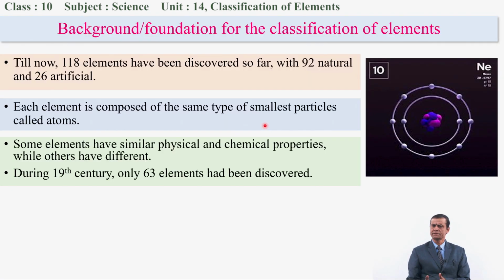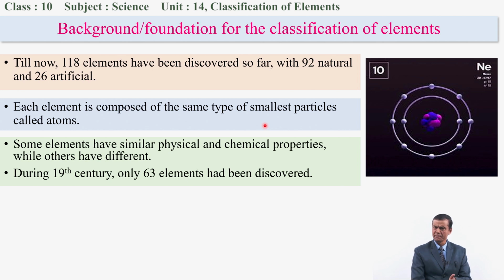Some elements have similar physical and chemical properties, while others have different ones. Suppose oxygen and hydrogen have different physical and chemical properties, but oxygen molecules and oxygen atoms have similar physical and chemical properties.